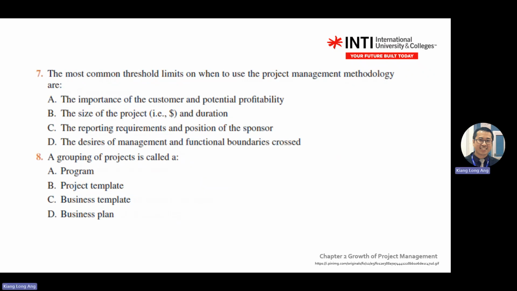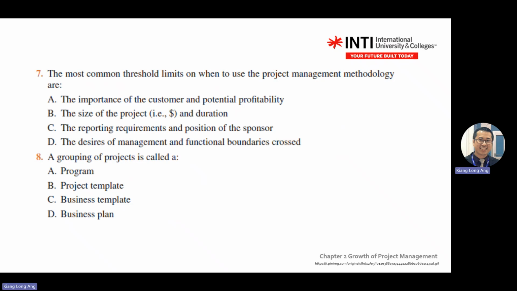Okay, number 7, most common threshold. Threshold means constraint. The most common constraint or threshold limit on when to use the project management methodology is what?